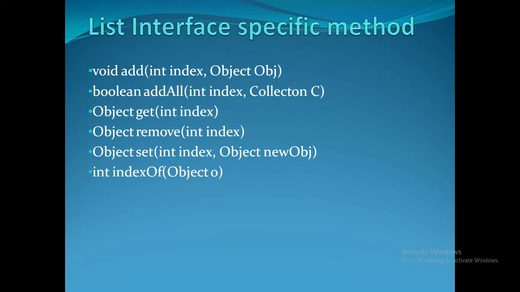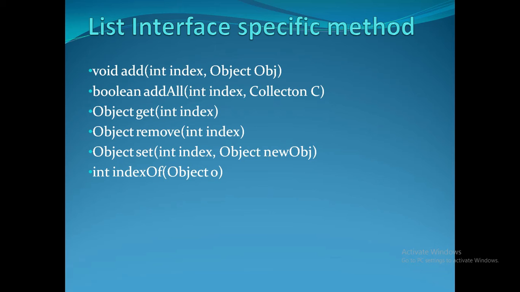Again, we have one more variant of indexOf, as a list allows duplicate elements. There may be a possibility of having duplicate elements. Suppose we have duplicate elements like A1, A2, A3. Again, I have A1, and now if I perform indexOf A1, what will be the result? Because I have A1 at the starting position as well as at index number 3. Then what will it return?